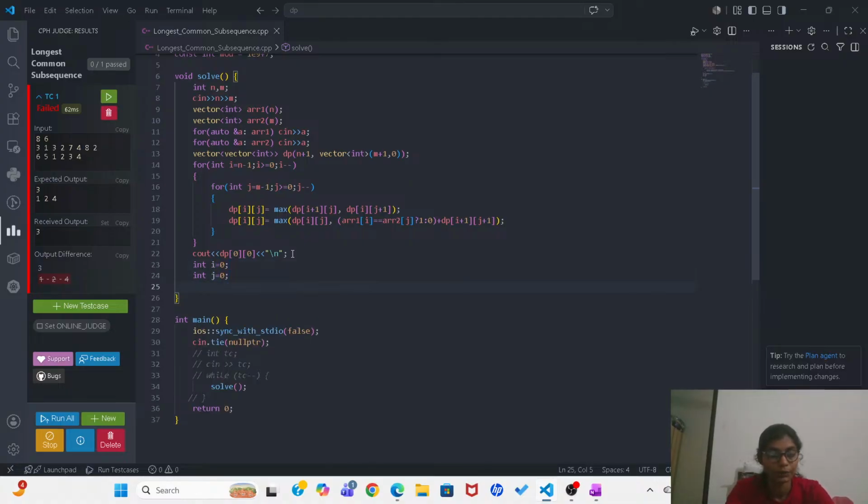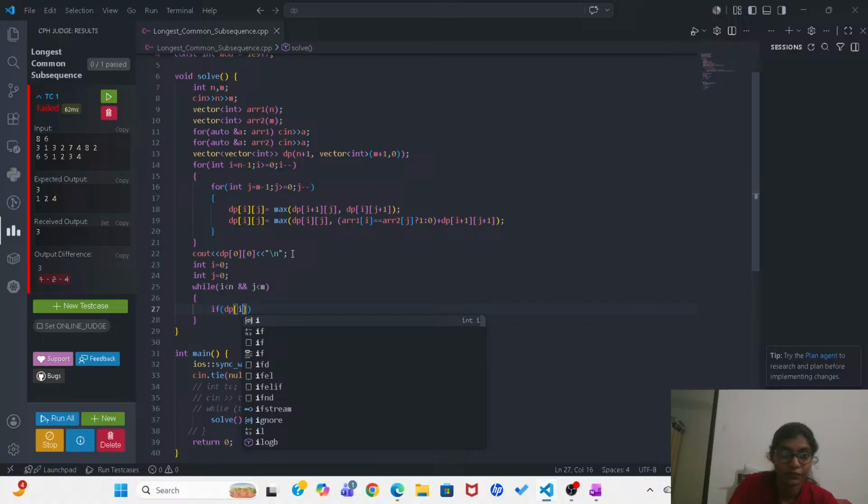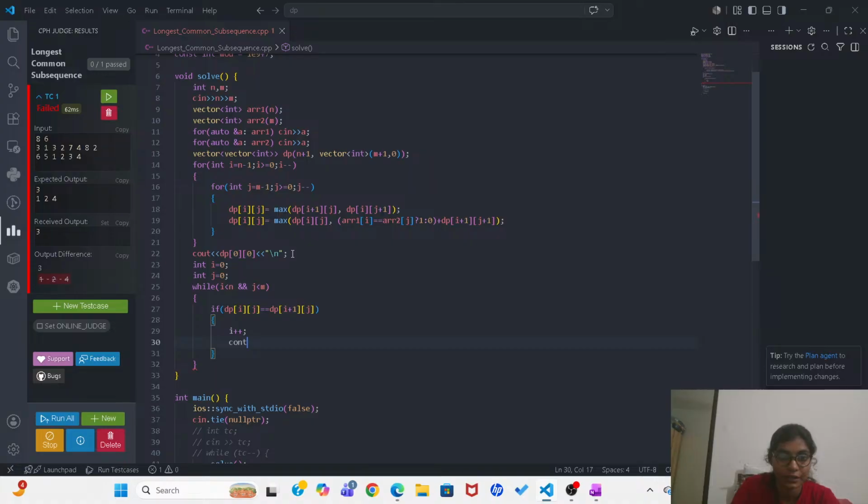J equal to 0. Okay, fine. While i less than n and j less than m, if dp of i comma j equal to dp of i plus 1 comma j, then i plus plus, continue.